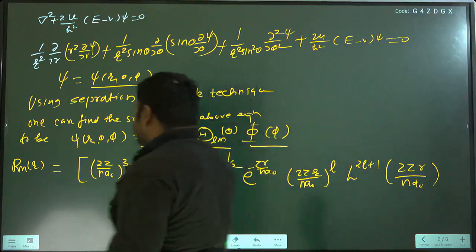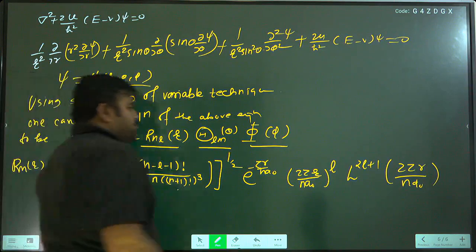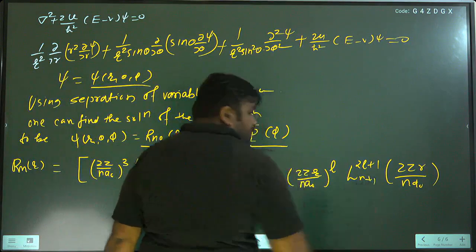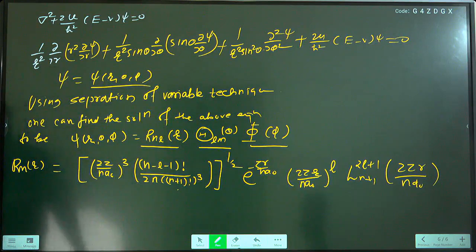This is the function of r only. Okay, r function is 2z upon n a naught bracket is to cube n minus l minus 1 bracket complete factorial upon 2n into n plus l factorial bracket is to cube bracket is to 1 by 2 e to the power minus zr upon n a naught 2zr upon n a naught bracket is to l into L to the power 2l plus 1, 2zr upon n a naught, और यह सफिक्स भी लिख सकते हैं n plus l, सफिक्स इज n plus l. ओके, तो देखिए, this is for r solution.